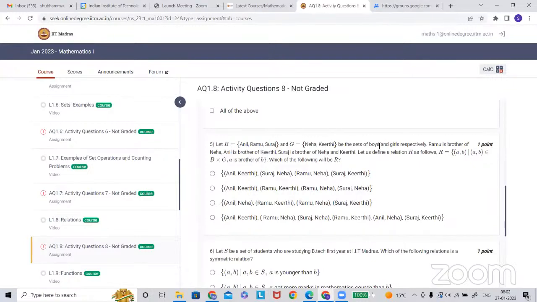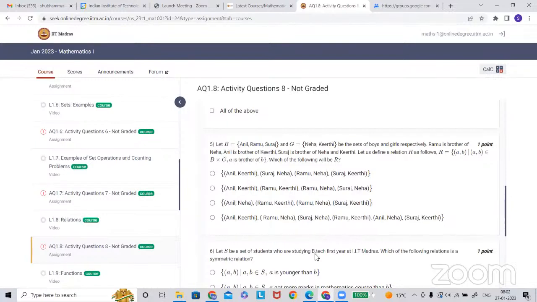B and G are two sets of boys and girls respectively. G is for girls and B is for boys. Ramu is brother of Neha. Anil is brother of Kirti. Suraj is brother of Neha and Kirti.